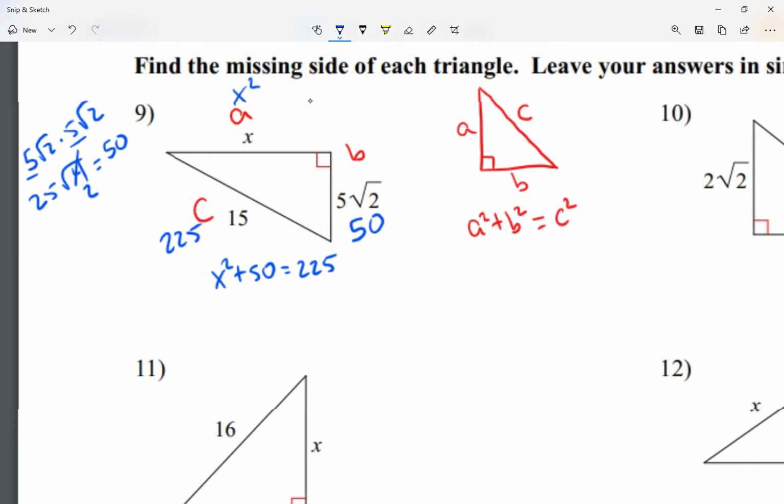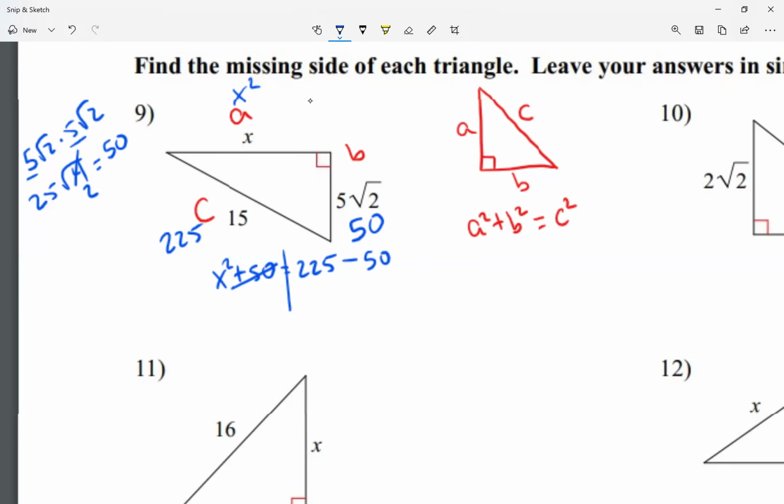Let me separate my sides through the equal sign. Now I want the x squared by itself. So the plus 50, let me move it to the other side as a minus 50. Don't forget to switch the sign.